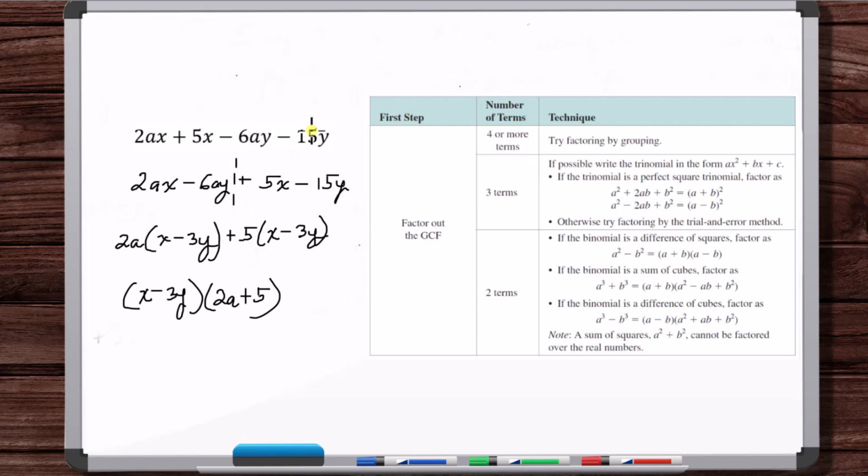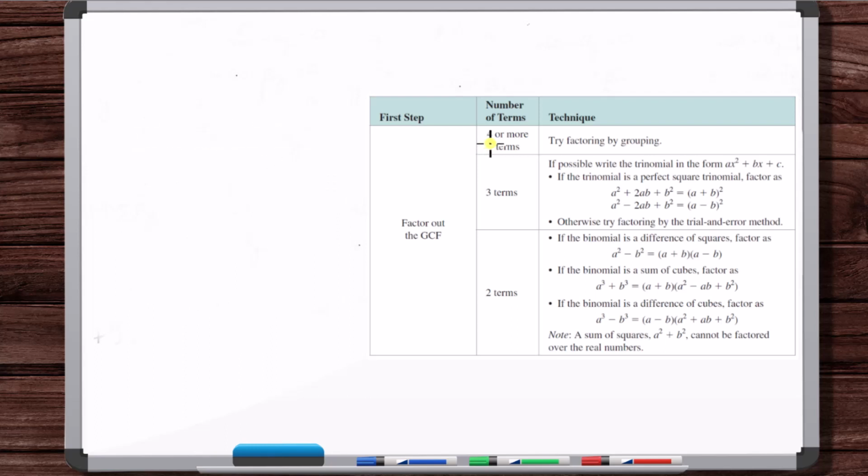The vast majority of the time, if you have a 4-term expression, you're going to be grouping it in 2 groups of 2. Just keep in mind, if it's a really hard problem, they might test your skills and see if you'll leave one term by itself and then group 3 terms together. Okay, that was 4 terms, but you could have more than 4 terms. And we'll come back to that later in the video.